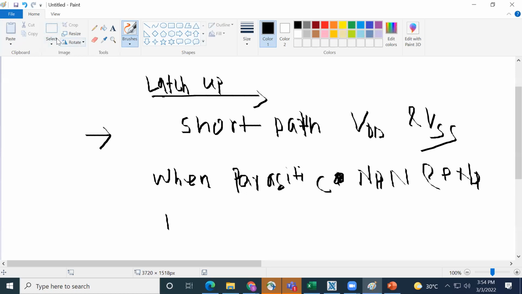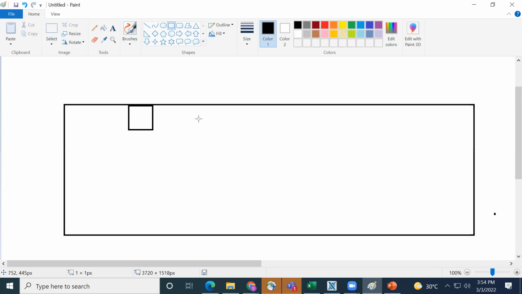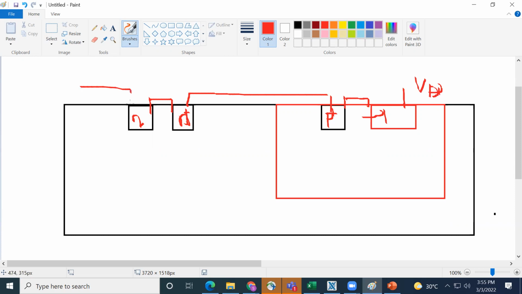Again, I'm just repeating: a short circuit path will be created between VDD and VSS. So actually, in the normal path, how will current flow? This is your CMOS, PMOS and NMOS. Current flows from VDD to VSS; this is your normal path, VDD through the channel.